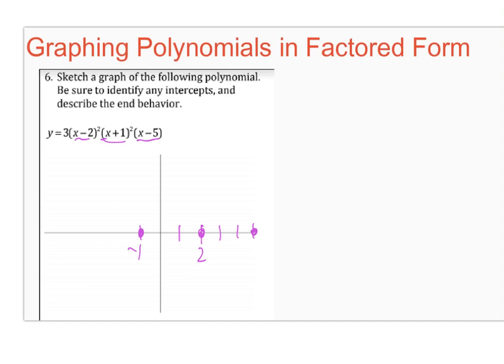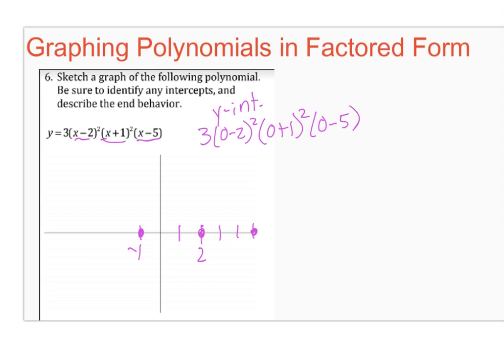I can also find my y-intercept by plugging in 0. So we've got 3 times (0 minus 2) squared times (0 plus 1) squared times (0 minus 5).